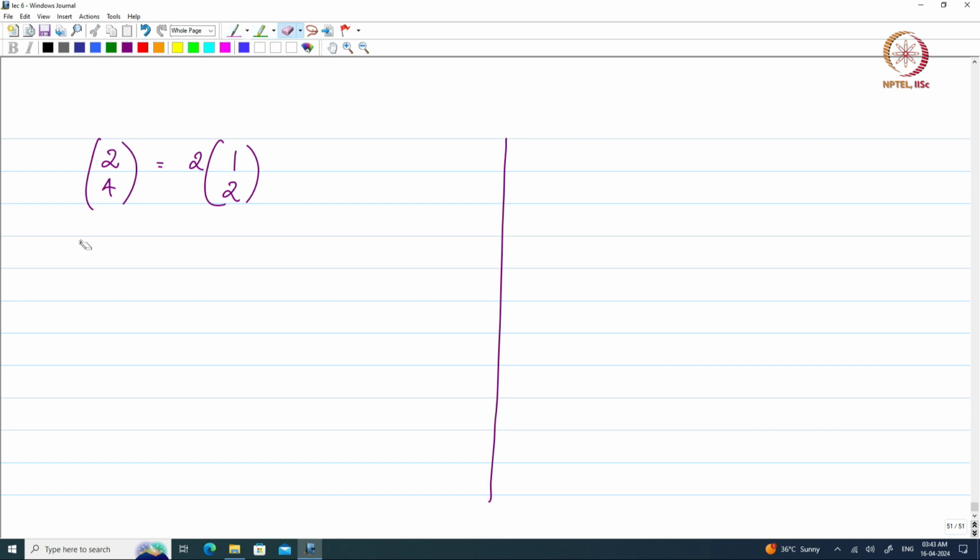The vector A2 that we had here can be written as 2 times the vector A1, and therefore we say that A1 and A2 are linearly dependent vectors.